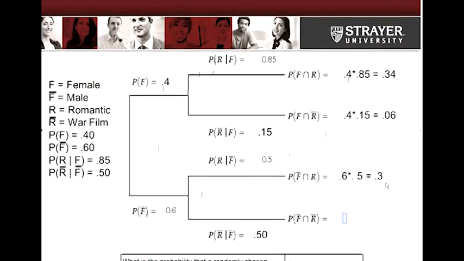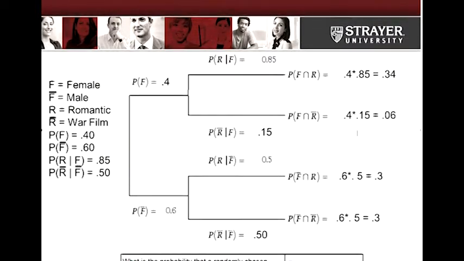Then the next one, 0.6 times 0.5 would be 0.3. And then the last one, because the probabilities here are the same, that'll be the same. So to check, we need to make sure that all our probabilities add up to 1. So 0.34 plus 0.06 is 0.4 plus 0.3 plus 0.3, that is 1. 0.4 plus 0.6 is 1.